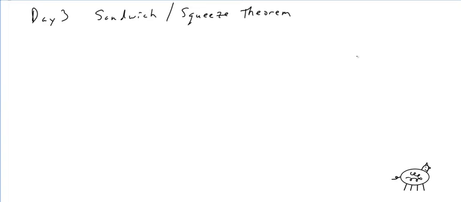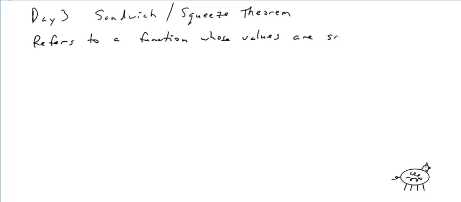What I mean by that is this: it refers to a function whose values are sandwiched between the values of two other functions.